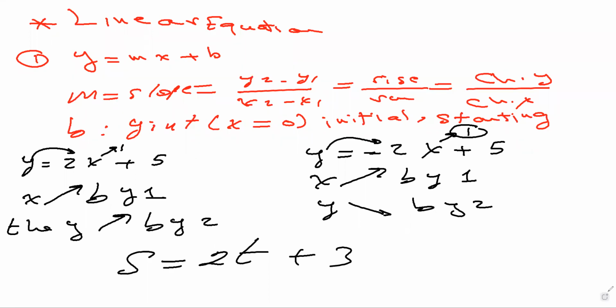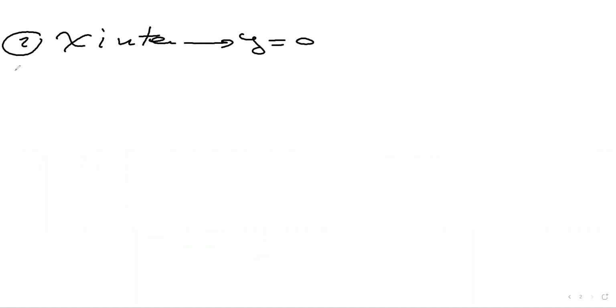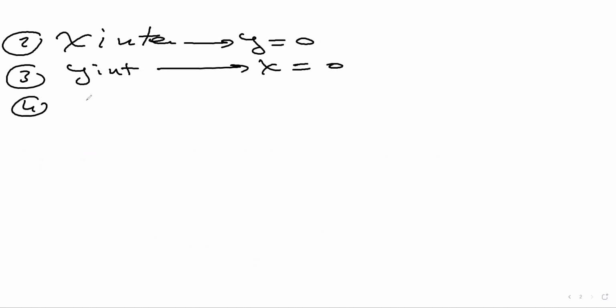Now, idea number 2 from the linear also. When we say x-intercept, what is the meaning of x-intercept? y equals 0. I substitute y by 0. And when we have y-intercept, x equals 0. I substitute x by 0. And when we have an intersection point, y equals y.